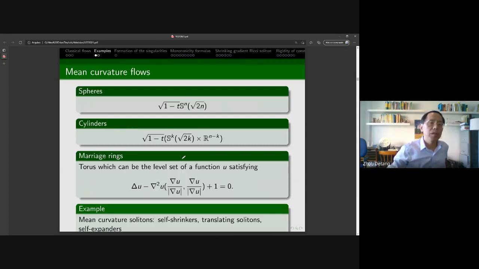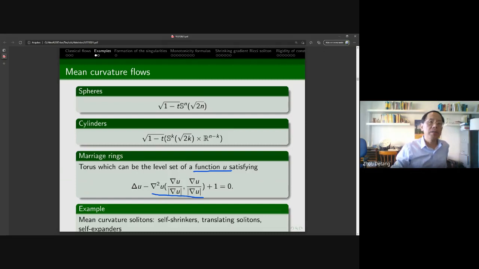So also you can construct the flow by the level set of a function, which if you have a function satisfying this equation, so the level set is just a mean curvature flow. So the Laplacian is here in R^n. Yeah, so the Laplacian is the sum of the m plus 1 directions. You just minus this direction and plus 1 equals 0.